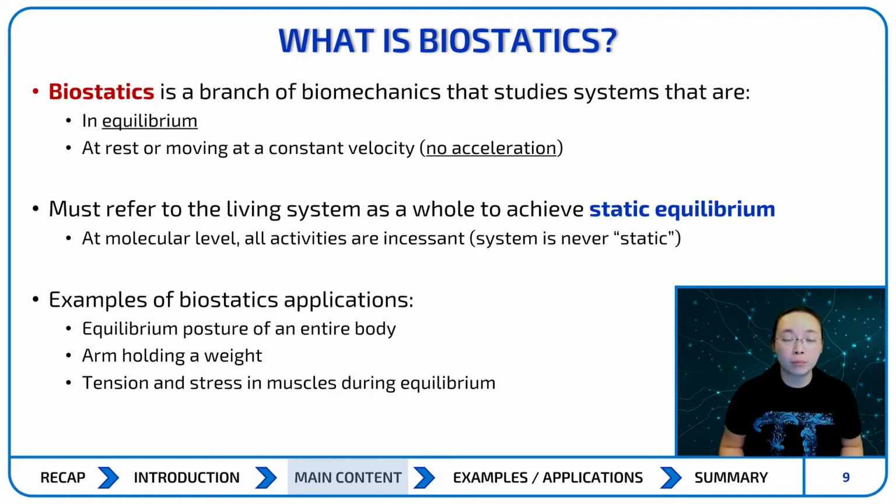So examples of biostatics applications, I've listed a couple here. There's the equilibrium posture of an entire body. So the fact that I'm sitting here right now with good posture, I'm keeping myself at good posture instead of slouching down on my chair. That takes effort on my part in terms of being able to balance all of the weight that I have from head to toe, as well as the vertebral stress on my spine.